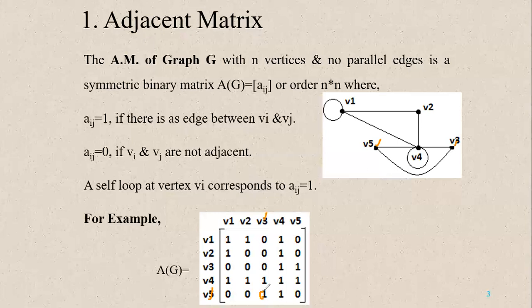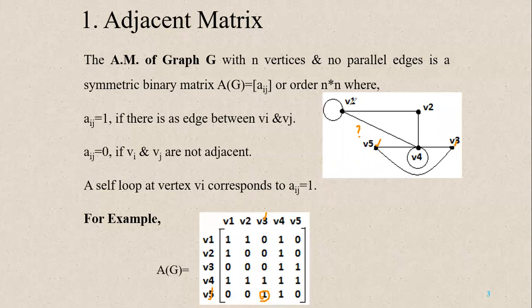Suppose V1 to V5. Between V1 and V5 there is no edge. Therefore, we use 0. If two vertices are adjacent, the value is 1. If the two vertices are not adjacent, the value is 0.